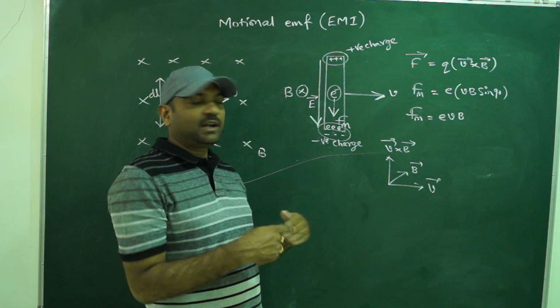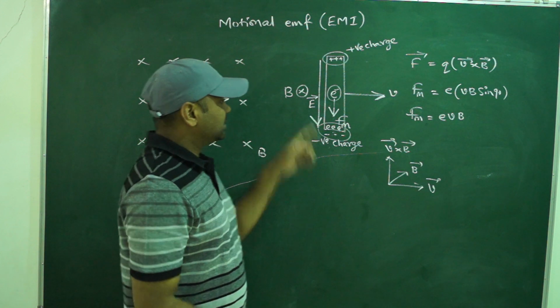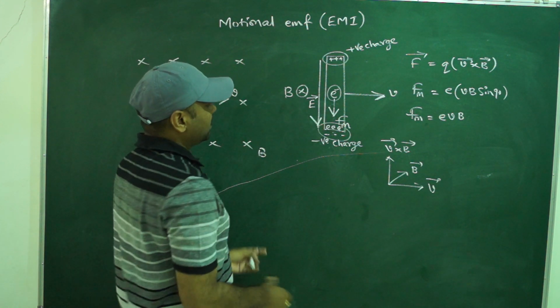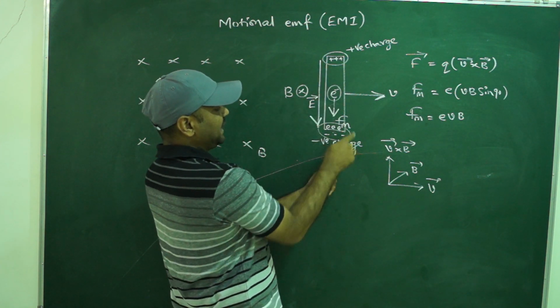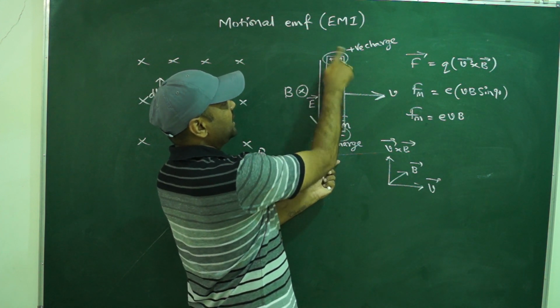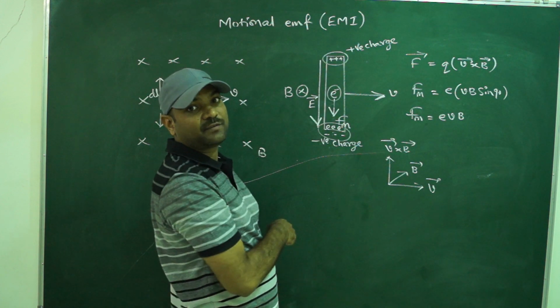So every electron coming downward experiences a repulsive force, which we write in terms of an electric field. Suppose n electrons came here: minus Ne is the charge at the bottom and plus Ne at the top, so there exists an electric field between plus Ne and minus Ne.